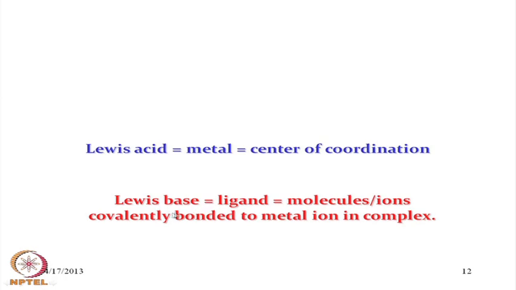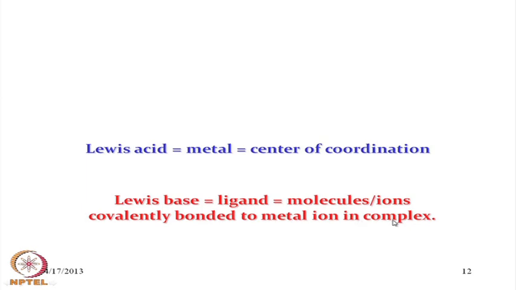When the base is the water molecule, we have the corresponding aquo complex, and these particular water molecules we consider as ligands. They can be simple molecules like water or ions like hydroxide ions or oxide ions, covalently bonded to the metal ion in the complex.